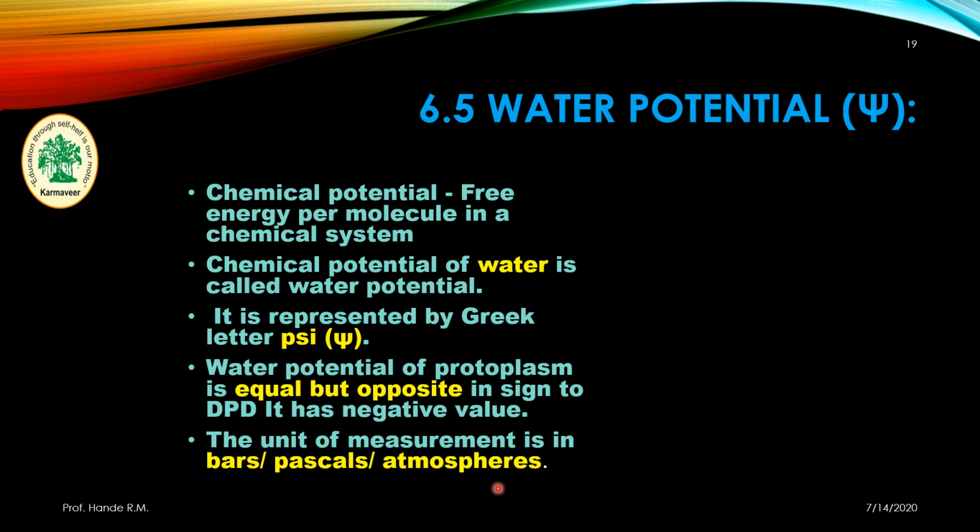The unit of water potential is bars, pascals and atmospheres. Water always flows from less negative potential to more negative potential, and the movement of water through the plasmodesmata across adjacent cells is decided by the difference between their water potentials.